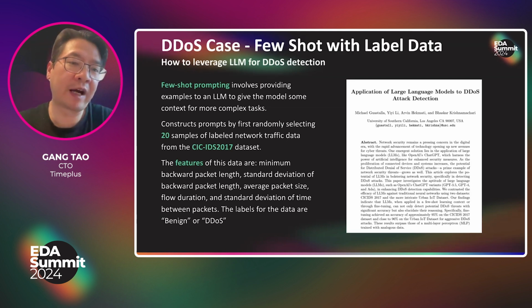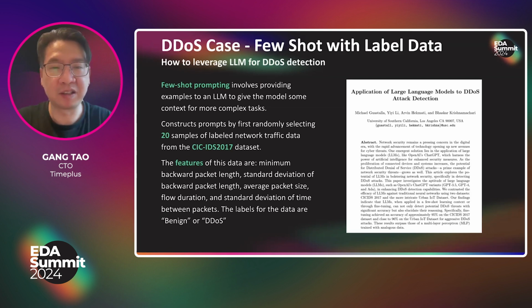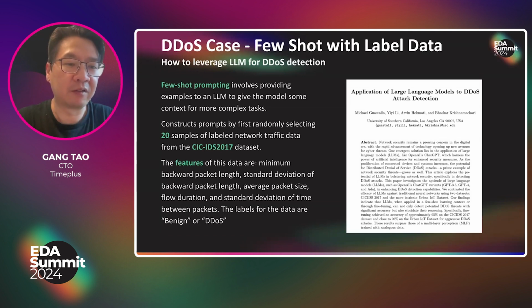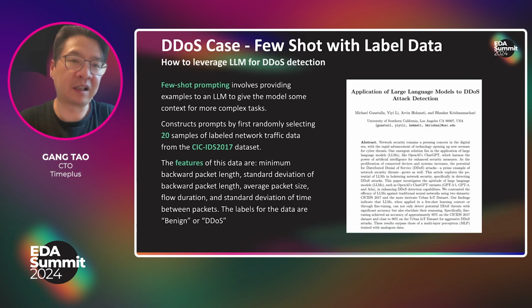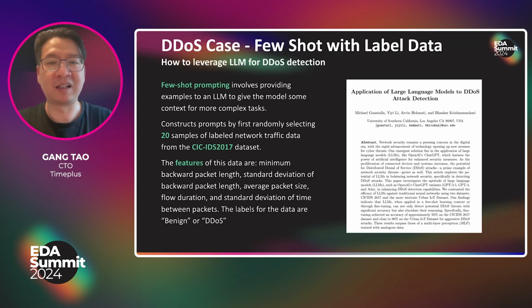We just provide the large language model some samples of labeled data, labeled DDoS or not DDoS, right? Then we construct the prompt using about 20 samples from this data set. We also select part of the features from this data set, like 5 of these features, and ask the large language model to help us identify whether an incoming event is DDoS or not.